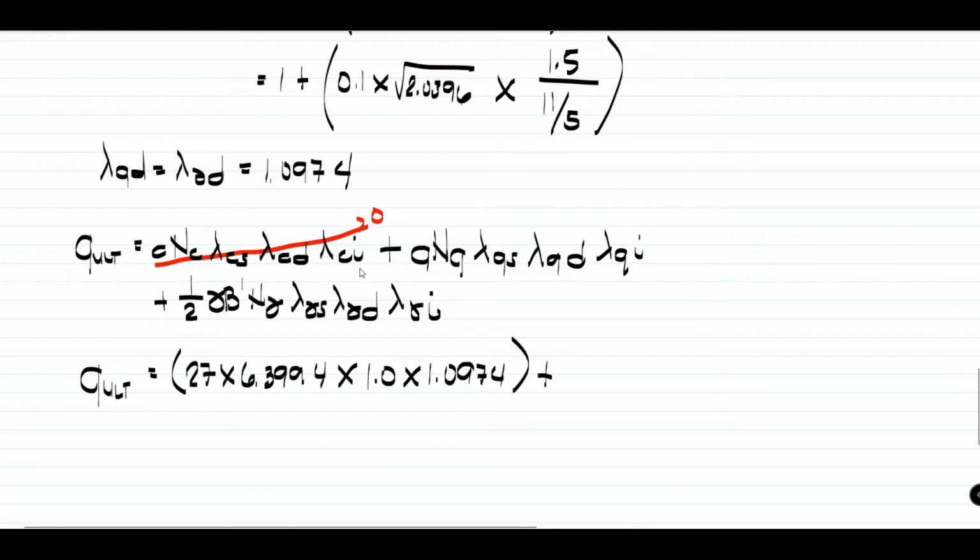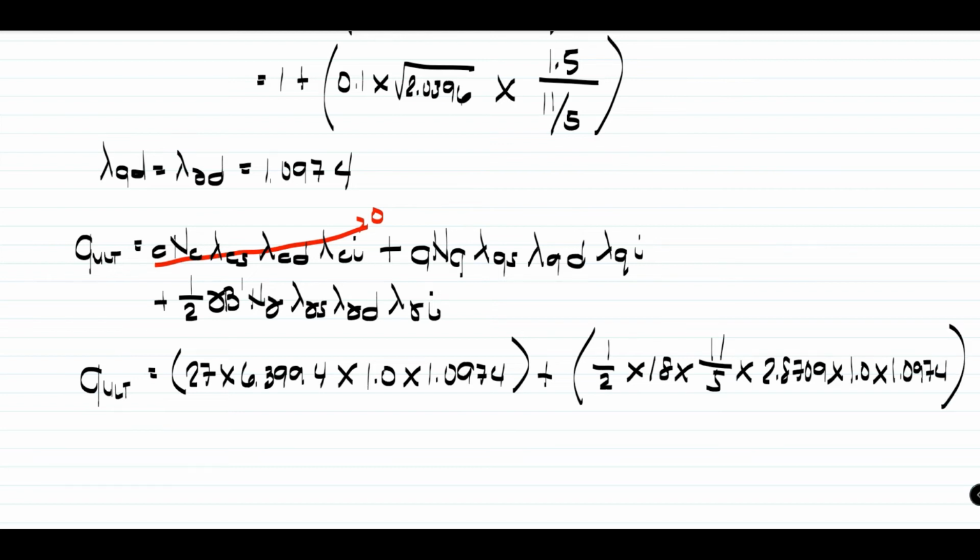Then we'll add 1/2 times the gamma, which is 18, times B prime, which is 11 over 5, times the NQ, which is 2.8709, then the lambda gamma S, which is 1.0, and the lambda gamma D, which is 1.0974.